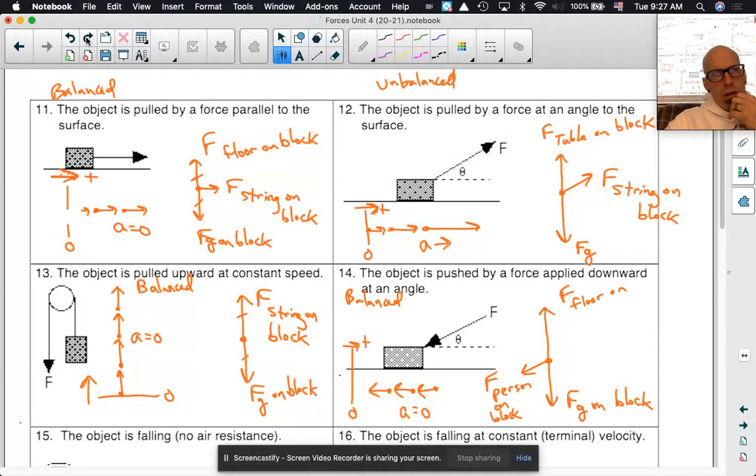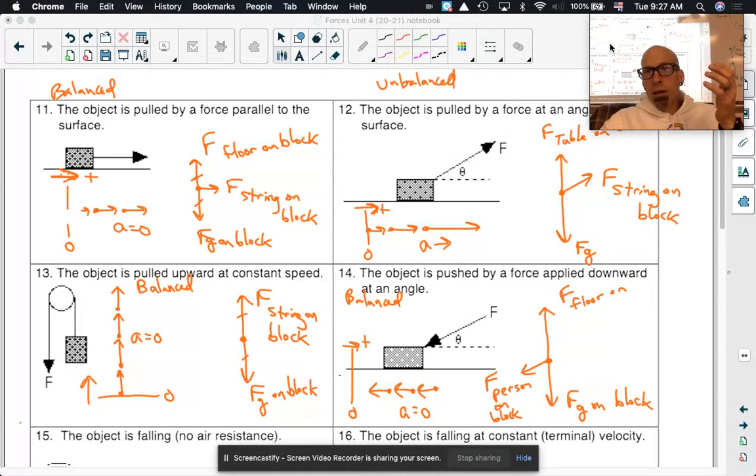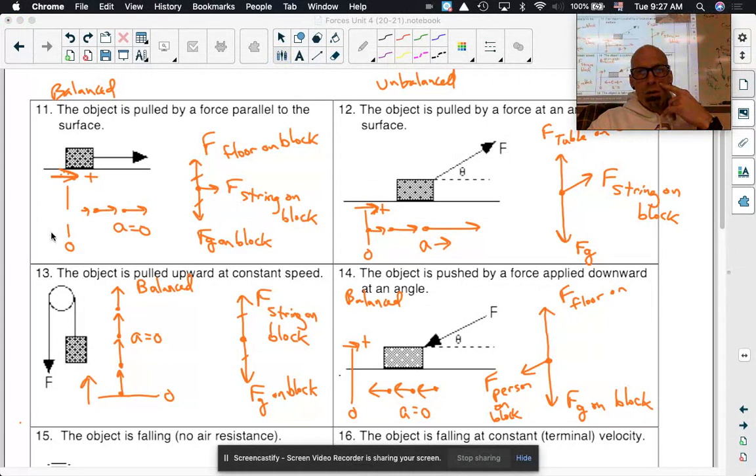I'm going to have to redraw that. It just says pulled by a force. It doesn't say what the object is actually doing. I showed that it's moving with a constant velocity, which means that my force diagram has to be balanced if I'm saying there's no acceleration.